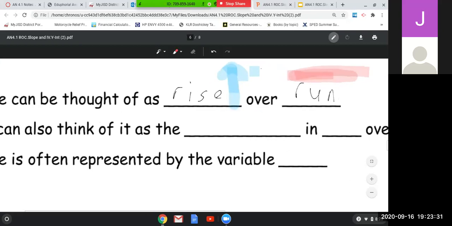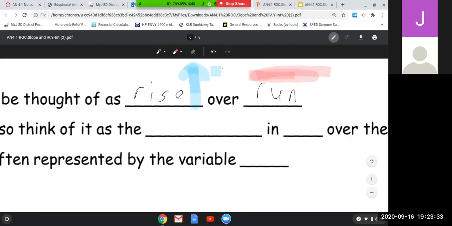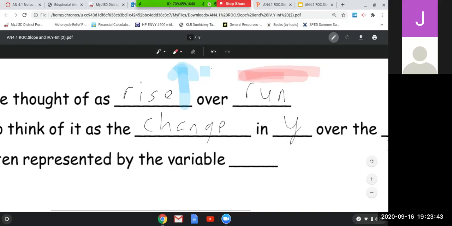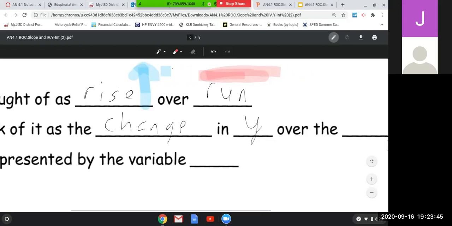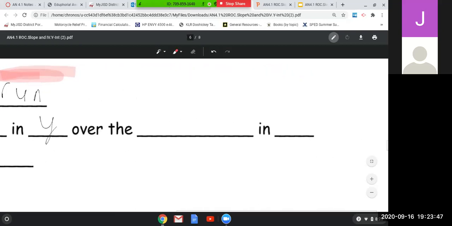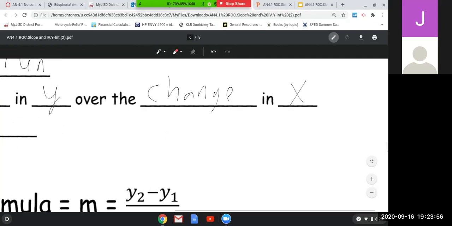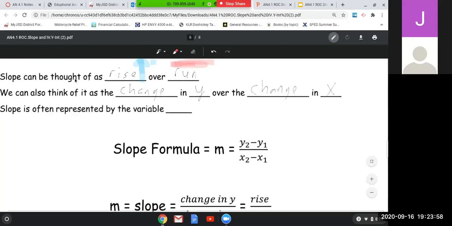We can also think of it as the change in y, because that's how we get our rise, by changing y, the y variable. And that's over the change in x. So we can think of slope as change in y over change in x.